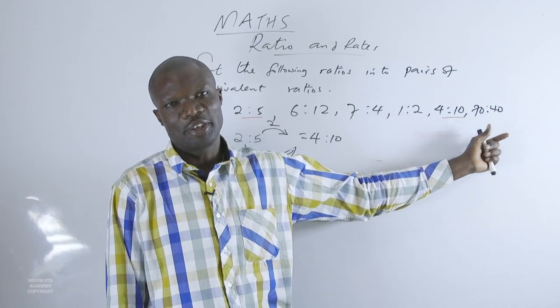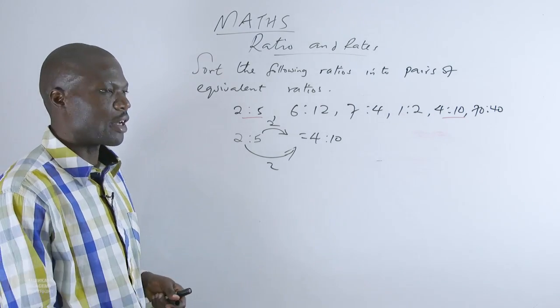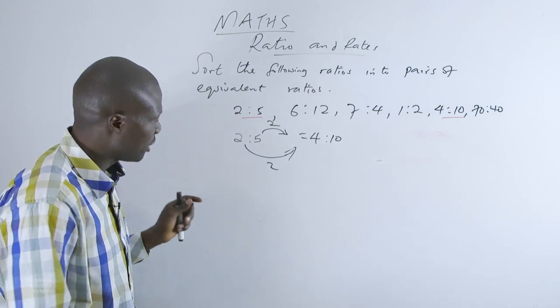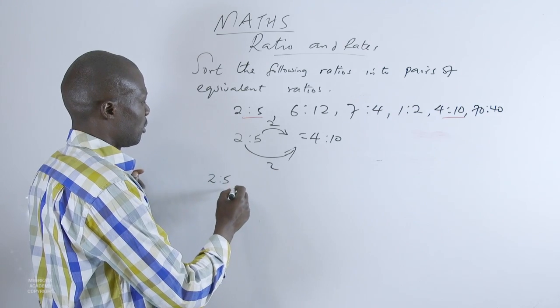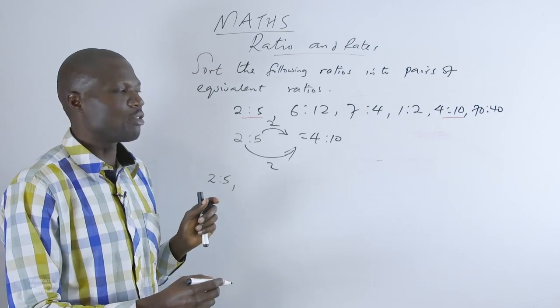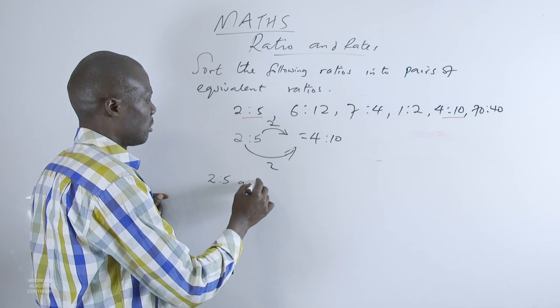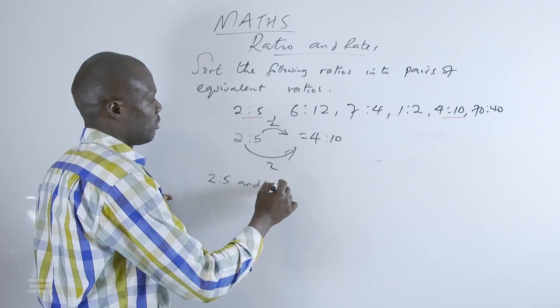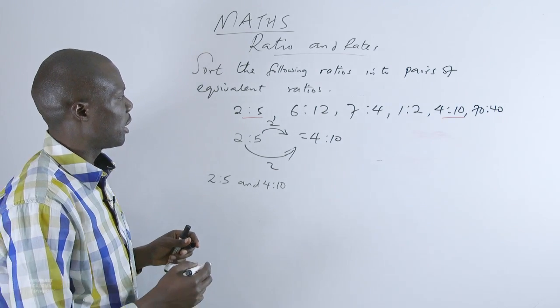So they are not equivalent. So the first pair that is equivalent, we can bring it here, and this one is 2 to 5 and 4 to 10.